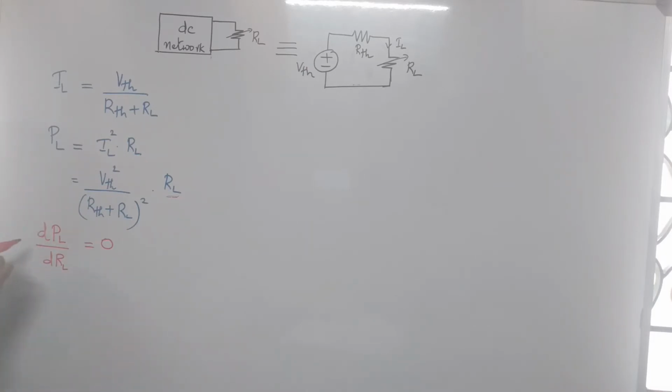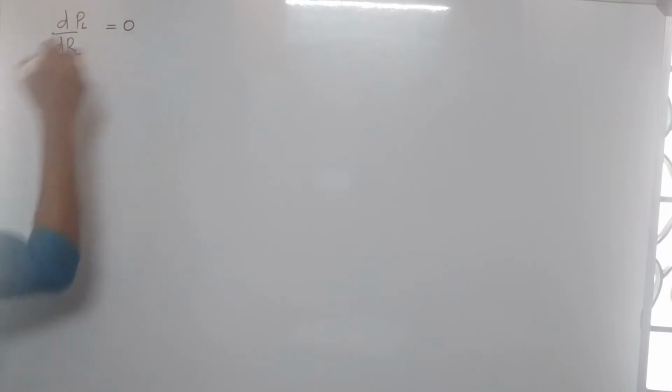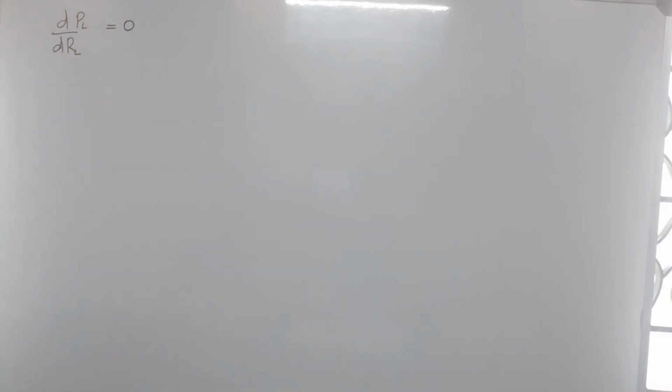So for that, we can evaluate d by dRL of PL and then equate it to 0. So d by dRL of PL should be equal to 0 for maximum power to get transferred from source to load.